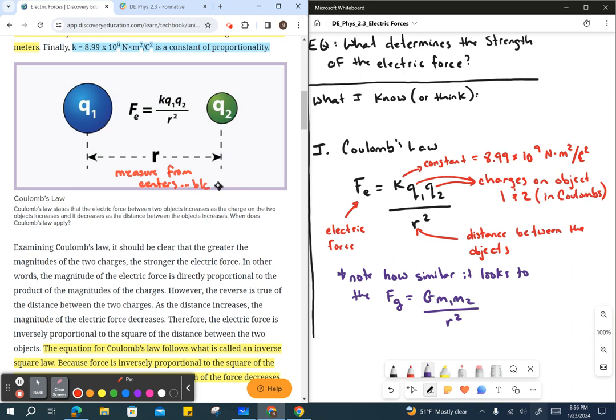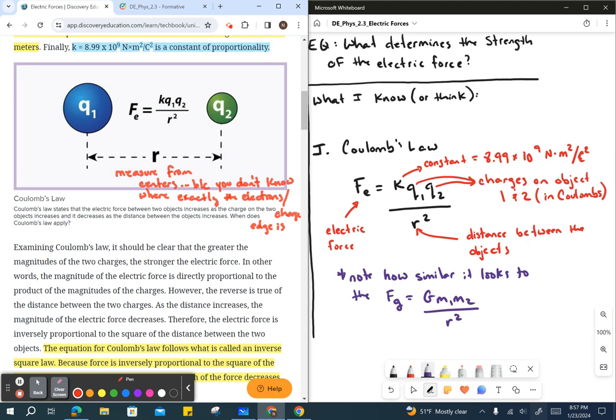Because you don't know where exactly the electron's charge edge is. That's why we just measure from the centers.